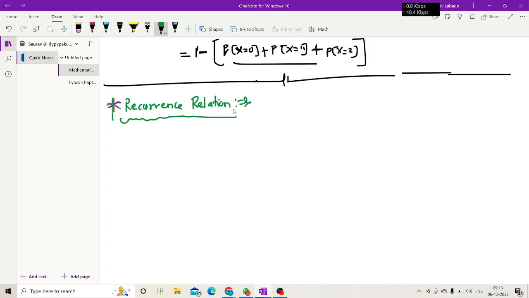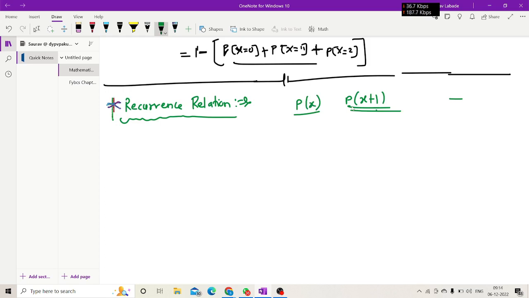Recurrence relation is nothing but finding the relation between the preceding probabilities and the current probabilities, right? That I have to find. Okay, so that is what I am doing. I have to find the probability of x plus 1. I have to find the relation between the probability of x and the probability of x plus 1, right?